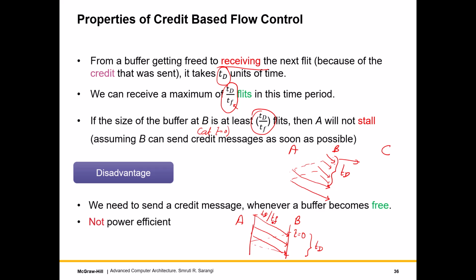Because we have TD by TF credits over here, we need to have TD by TF buffers at least at this point in B, such that all of these flits that are being sent can be stored without dropping any flit, right? So a lower bound on buffers is also being placed.